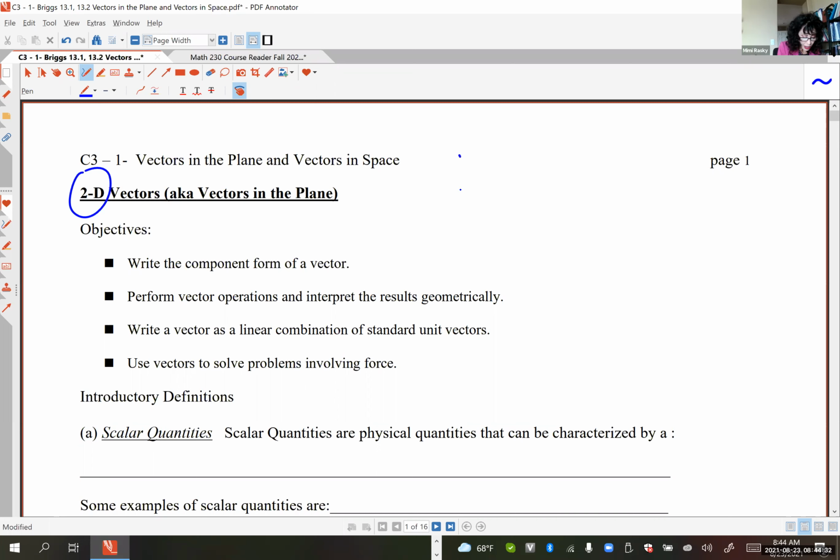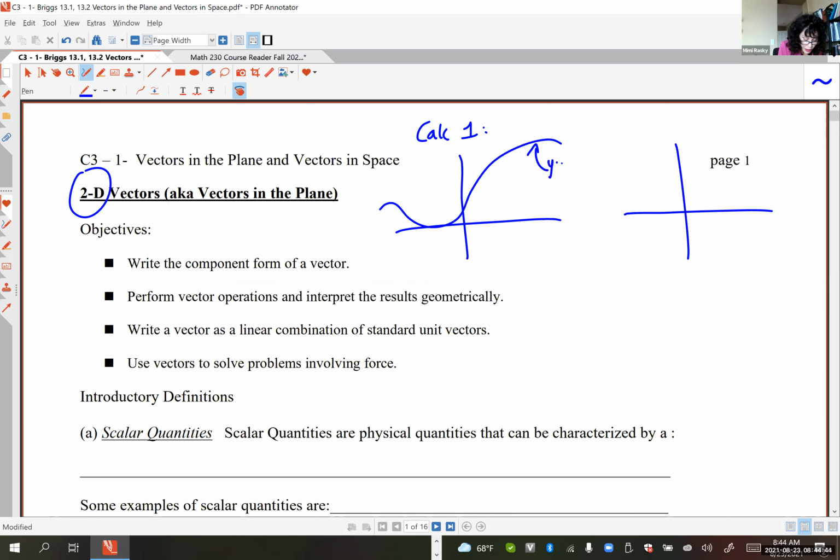So in a nutshell, here are 2 things that you did in Calculus 1 that we're going to do in Calculus 3. The first thing is, if you recall in Calculus 1, if you were given, say, the graph of a function, say y equals f of x, one of the big things you did back in Calc 1 is they would pick a point, say right here, when x is, I'm just going to make something up, say some number c, and they would go, hey, what's the slope of the tangent line at that point?